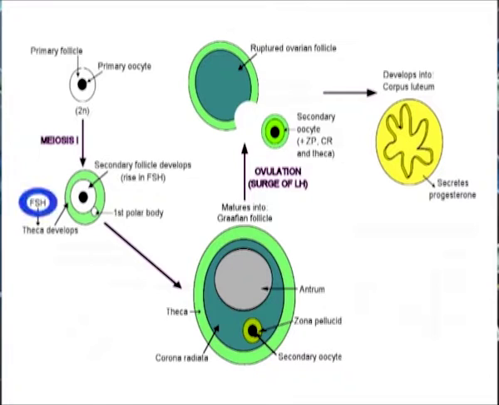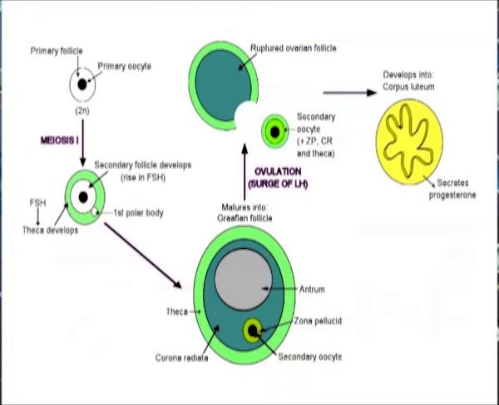FSH stimulates the growth of Graafian follicles and also the development of the egg or oocyte within the follicle to complete meiosis I and form a secondary oocyte. FSH also stimulates the formation of estrogens. LH induces the rupture of the mature Graafian follicle and thereby the release of the secondary oocyte, a process called ovulation.